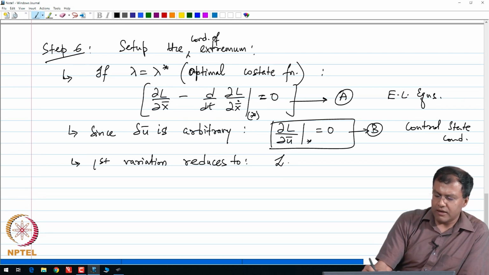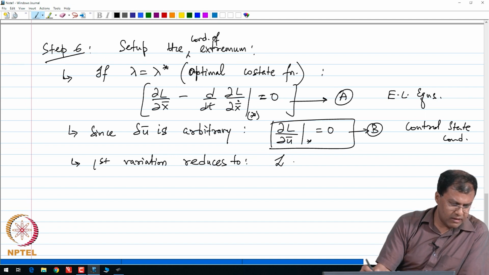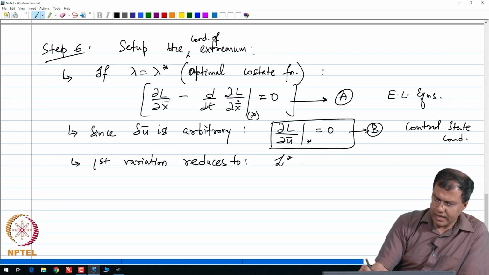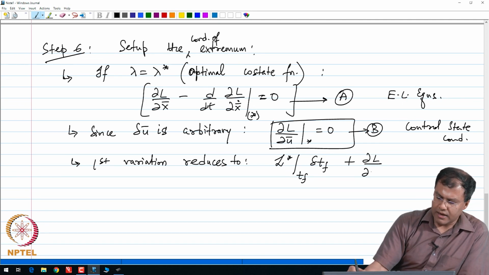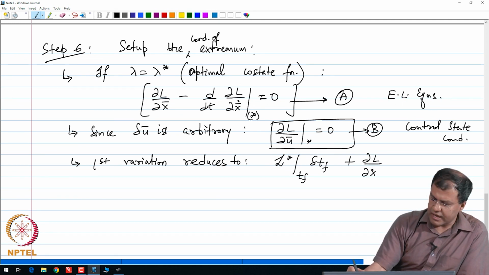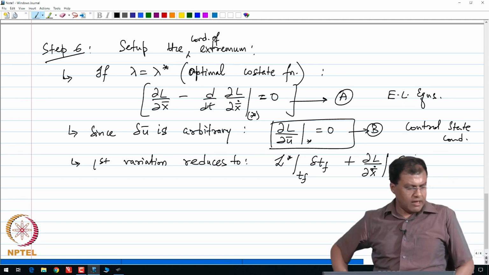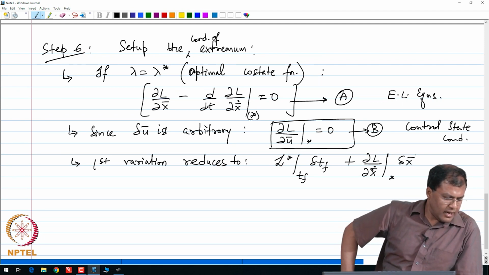L delta when written down in the form of a Taylor series is going to be L star at final time point times delta Tf plus partial L partial x dot at star condition times delta x, right. Okay. So, these are my two terms.